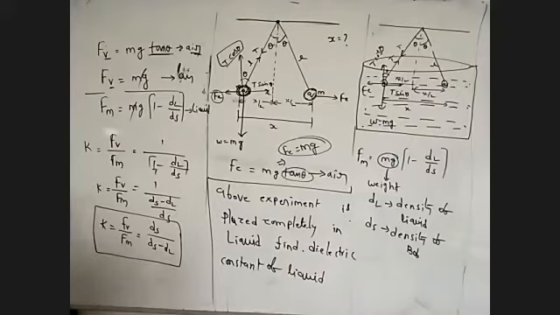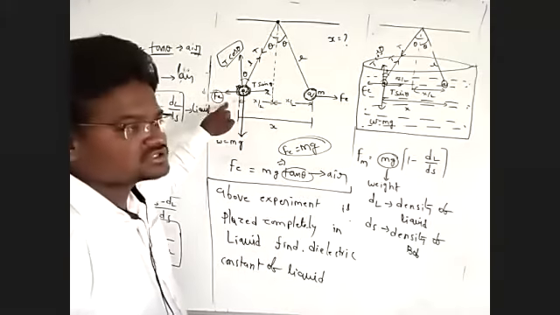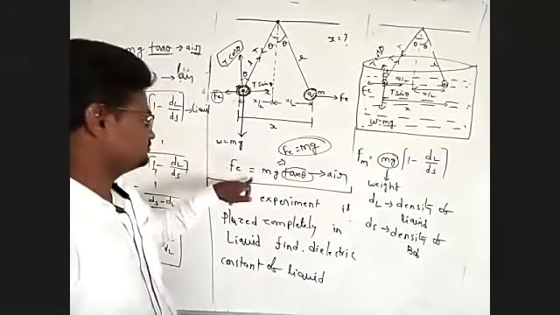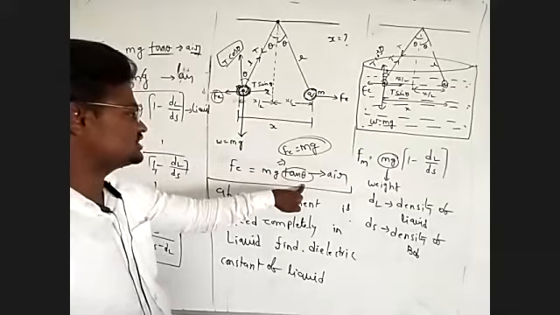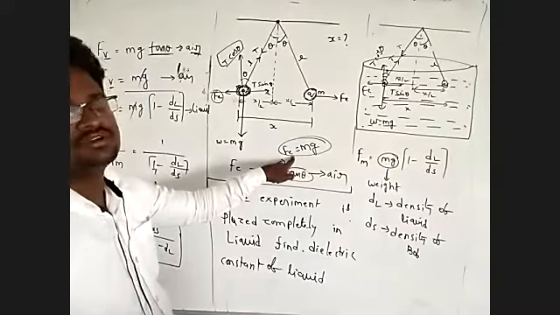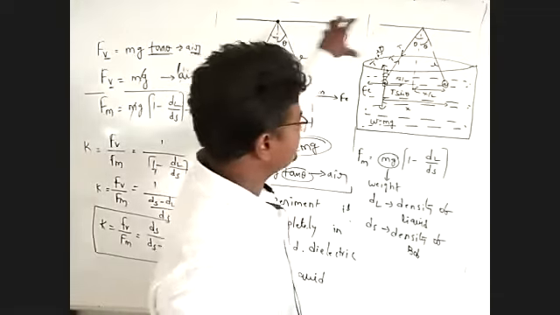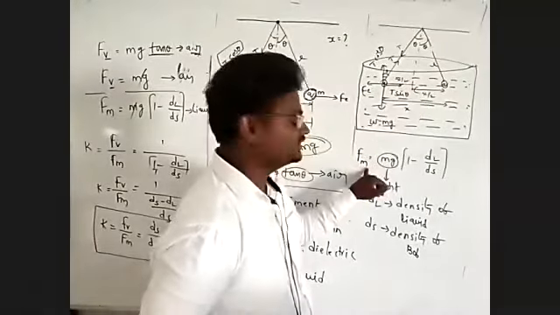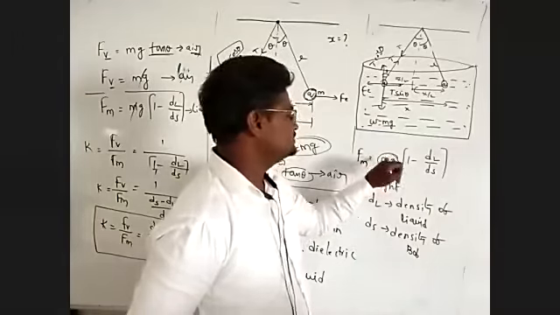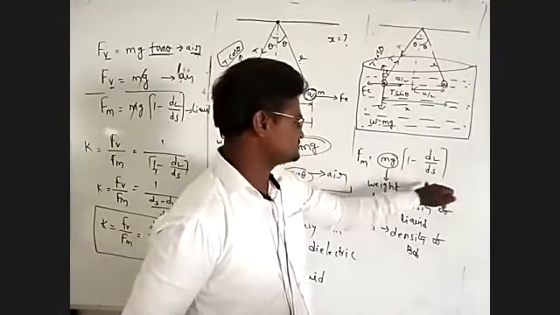In this experiment placed in air, Fe is equal to mg tan theta. Now this experiment is placed in a liquid, and you get Fm is equal to mg into 1 minus dl by ds.